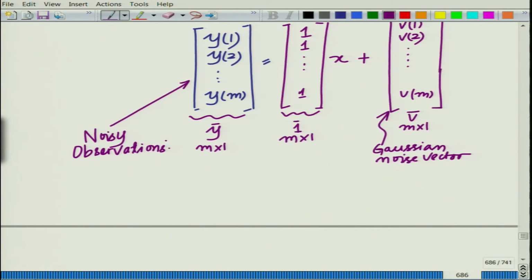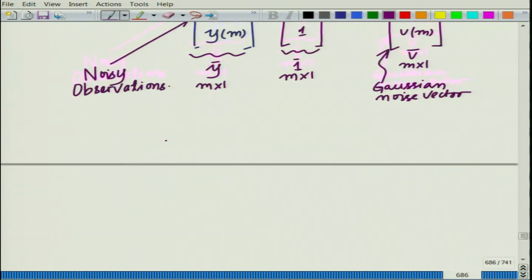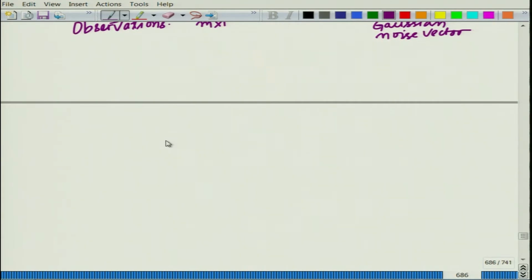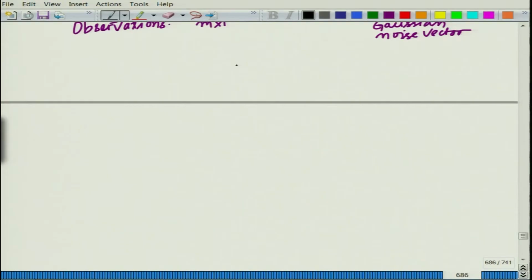Okay. Now, when we look at the noise, we also have to describe the properties of this noise. What are the properties of this noise? Namely, what are the mean and the variance? Typically when we look at this Gaussian noise, the mean is 0.